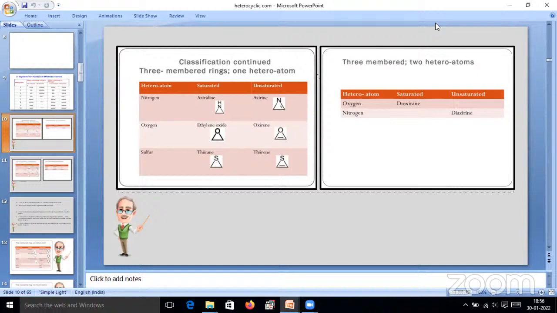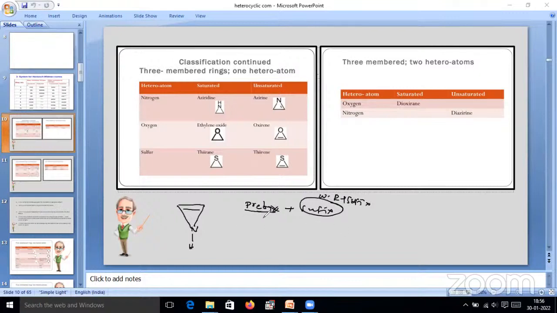Okay. Right. Suppose if it is 3-membered system, nitrogen, okay, nitrogen containing 3-membered system, we can write prefix plus suffix. So suffix means word root plus suffix. Okay.